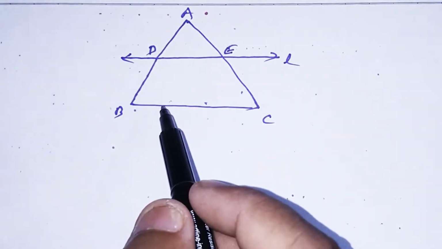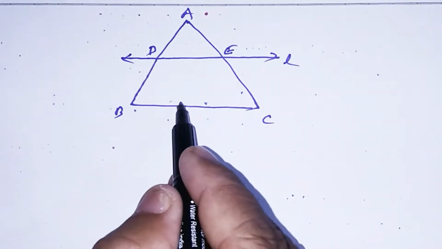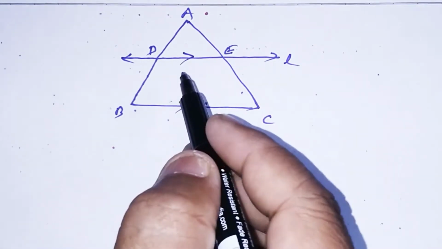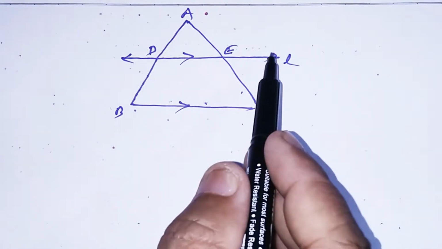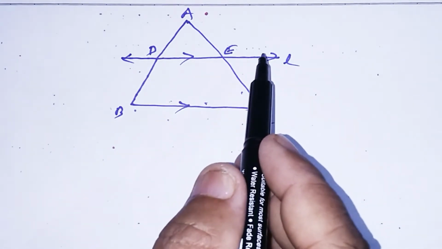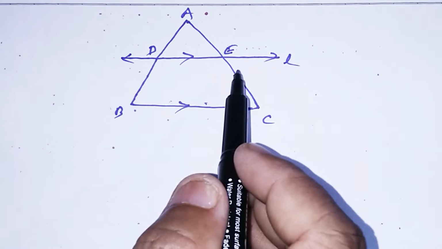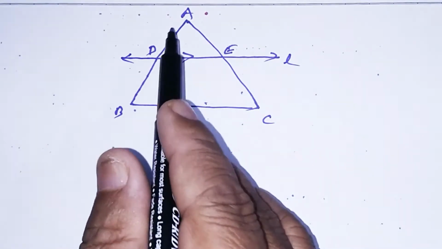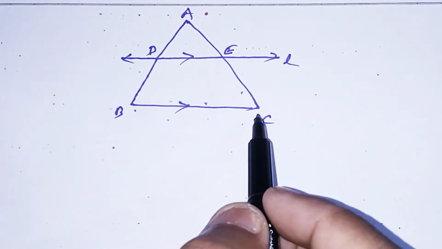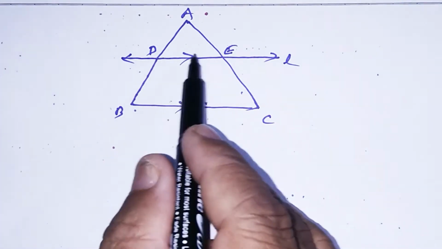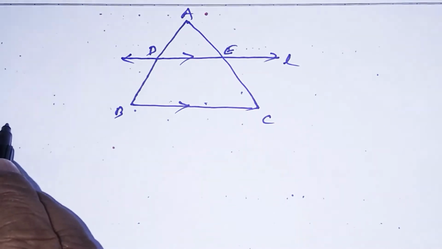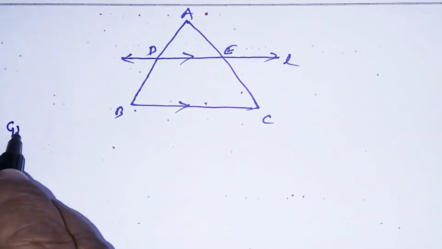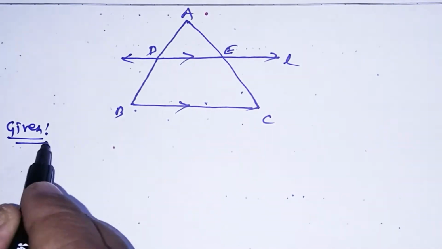According to the statement, if a line is drawn parallel to one side of a triangle, let the line L be drawn parallel to BC of the triangle. Then this line intersects the other two sides at two distinct points. Let L intersect AB and AC at two distinct points D and E. So what is given? First we have to write the step given.